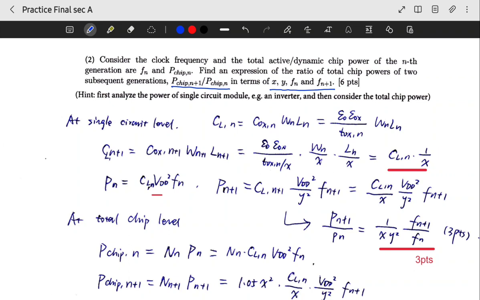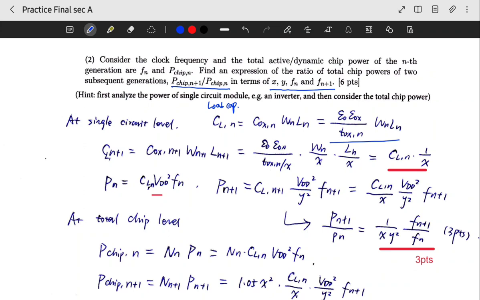So we have to find the load capacitor, and the load capacitor is Cox times W times L, and we know that Cox is epsilon ox over Tox, times W times L, as shown in here.